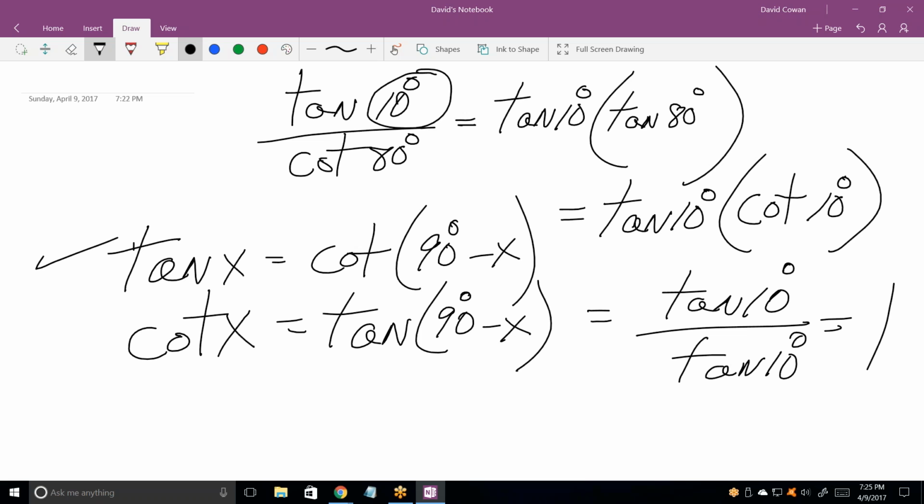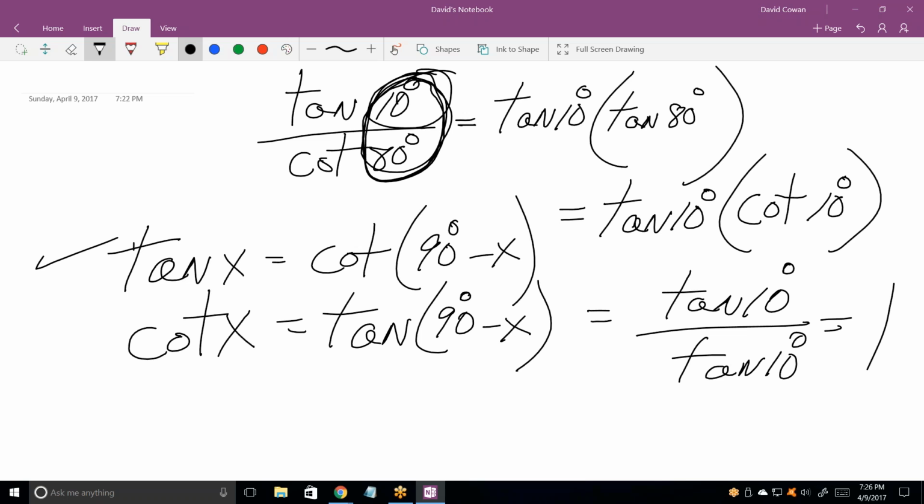So there were a lot of things going on in this problem. The most important one probably was recognizing that those two oddball numbers are complementary. And the fact that they're oddball numbers is important. Those aren't 30 and 60 or 30 and 45 or anything that we know how to do without a calculator.